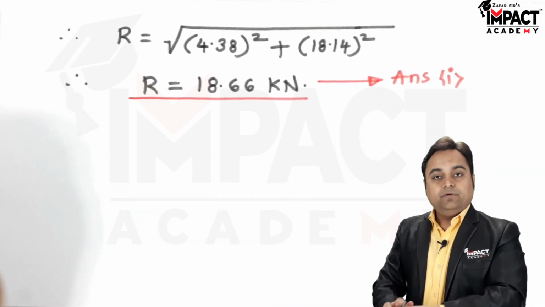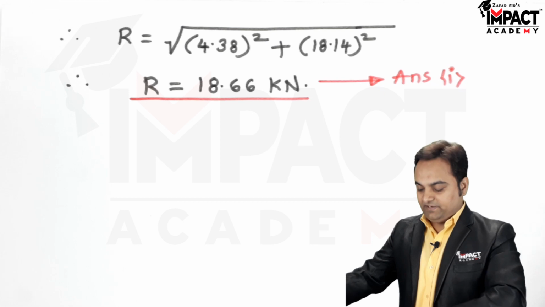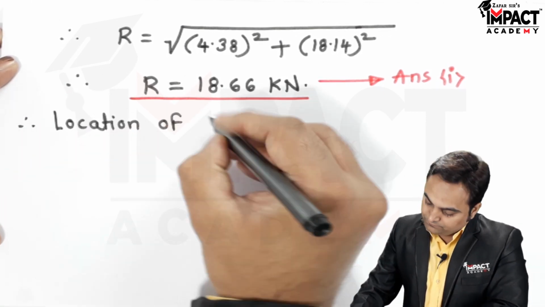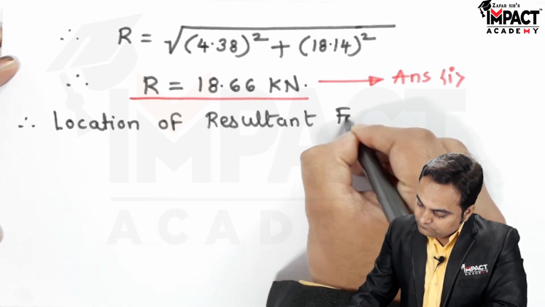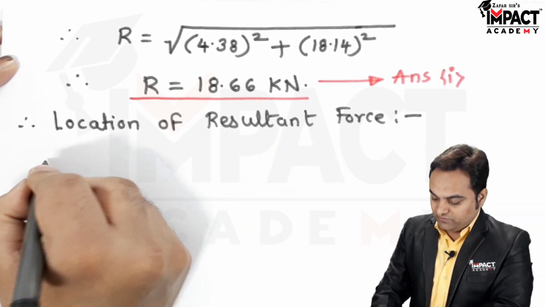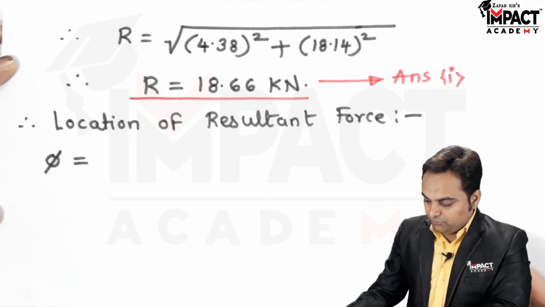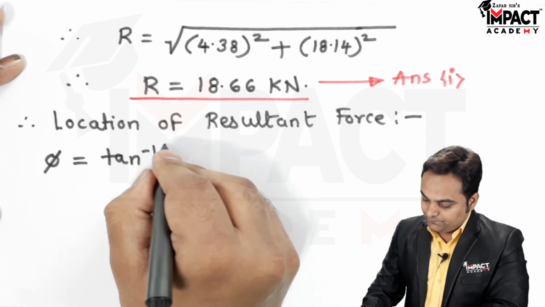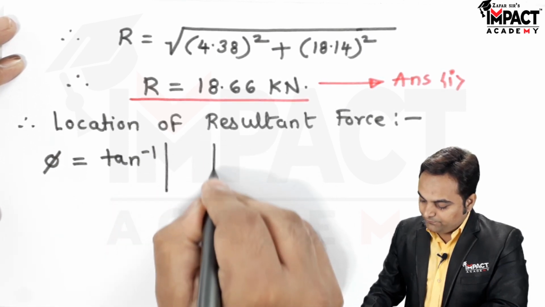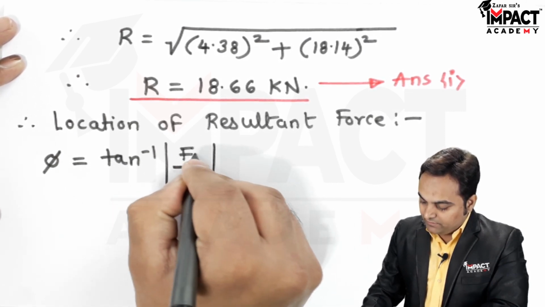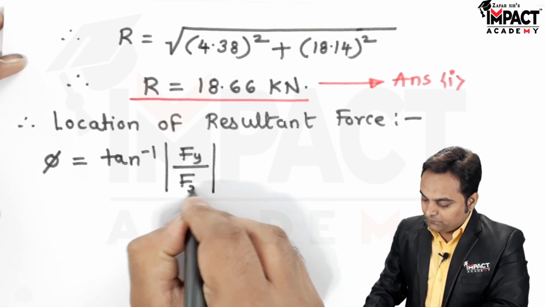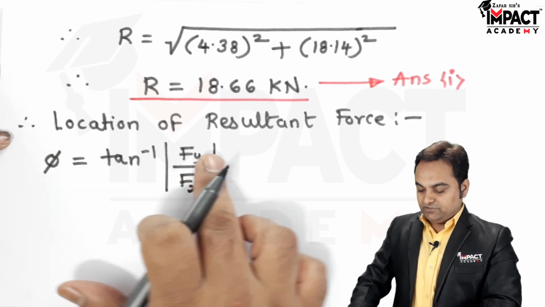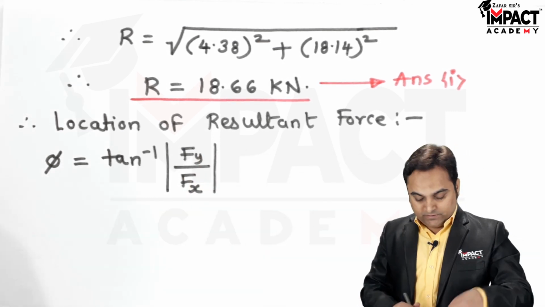Now I need to find the location where this resultant force is acting. So therefore the location of resultant force given by phi is equal to tan inverse mod of Fy upon Fx. See, instead of phi, we can also use the notation theta for the location of the resultant force.